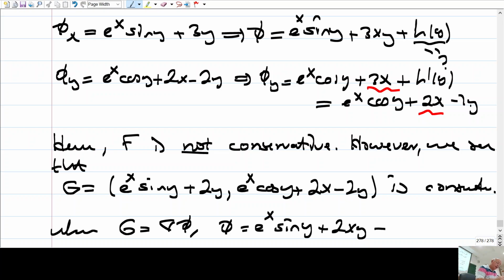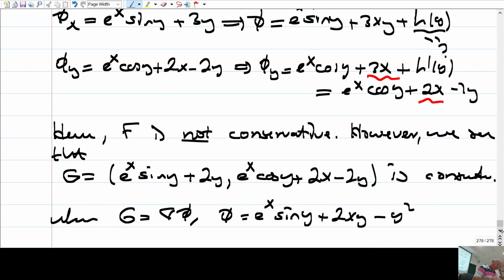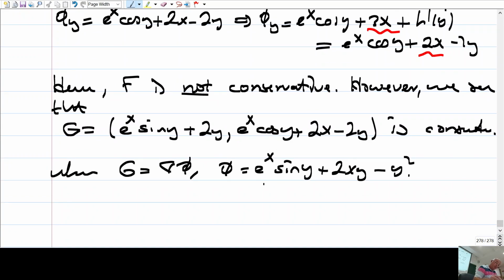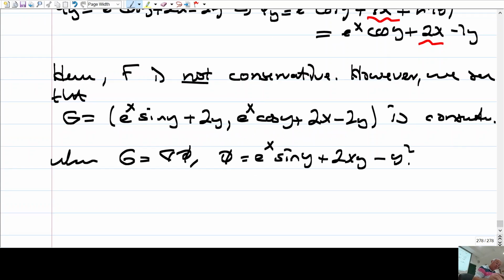Yeah, h prime is minus 2y, so I can just take h to be minus y squared. Right? Indeed, if you take the derivative of this with respect to x, derivative of this with respect to x is this, right? And the derivative with respect to y: there is this term, this term, and this one. Then f is not conservative.